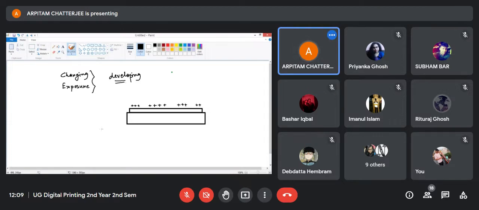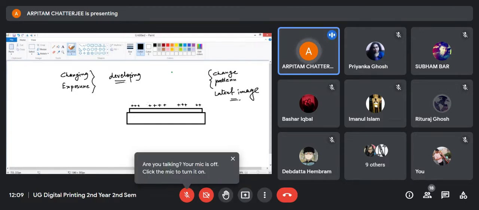This charge pattern represents the image that I am going to print, now represented in terms of charge. That is why this image, which is made of charge, is called a latent image. That means you can't see it, but it is there in terms of the charges.